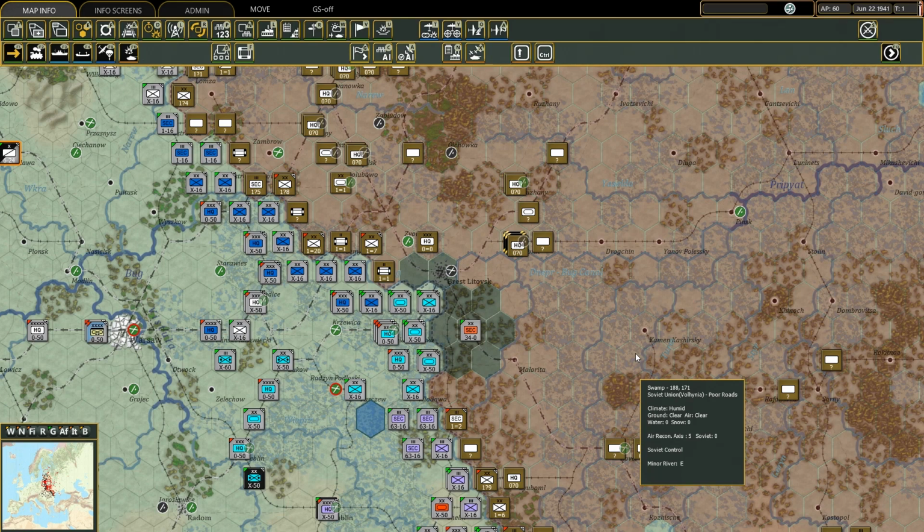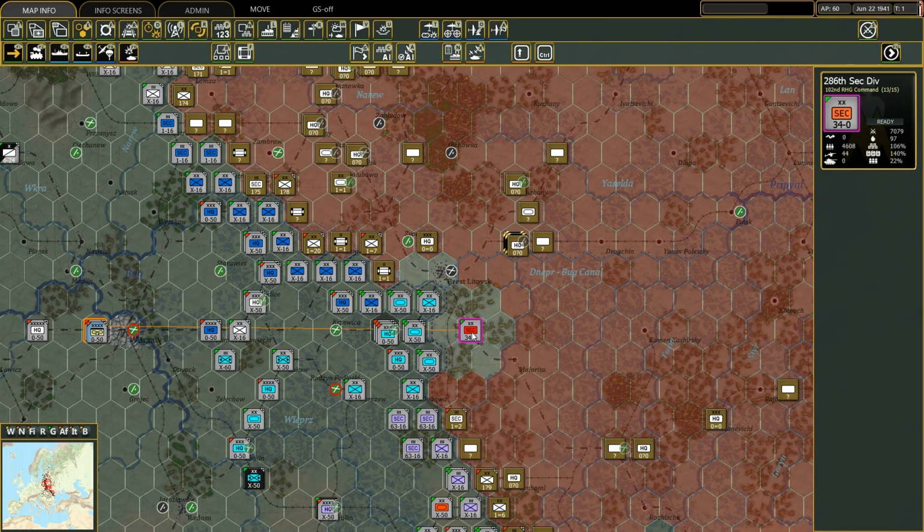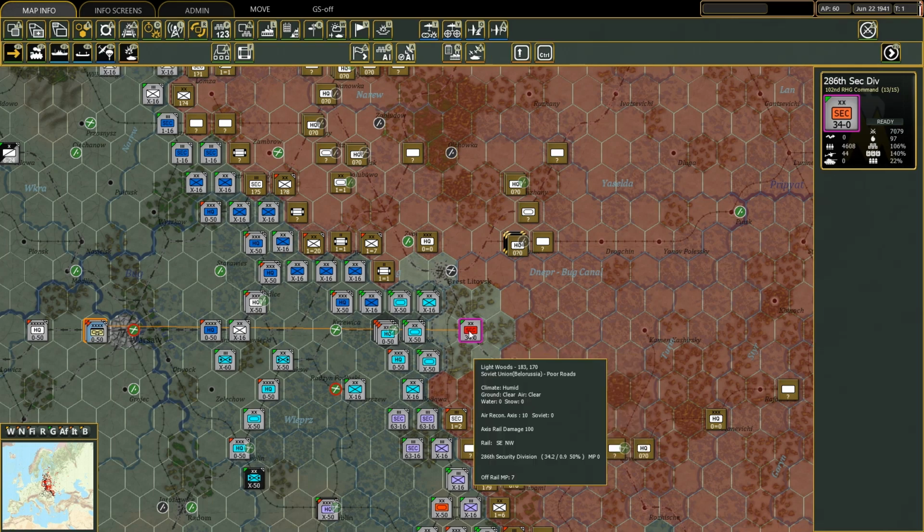The zone of control is like the power projection that units have on the surrounding hexes. And the 286th Security Division is a good example of this one. Only, let's say, divisions and the Soviet rifle, tank and mechanized corps can exert it.